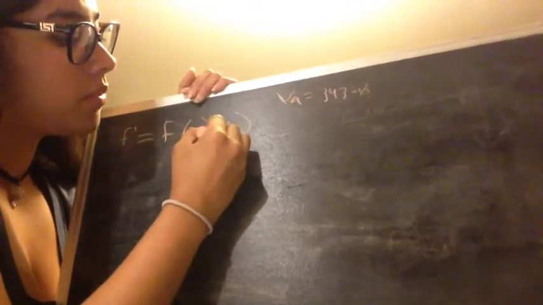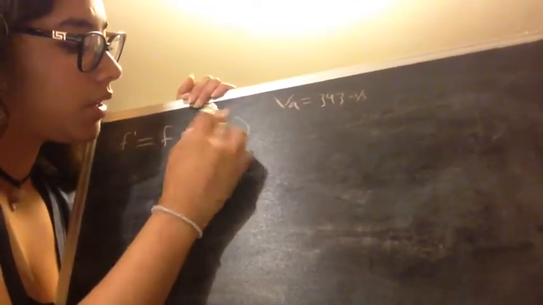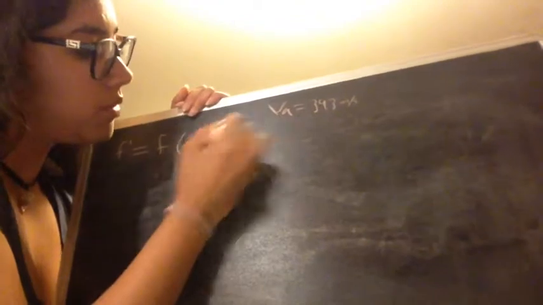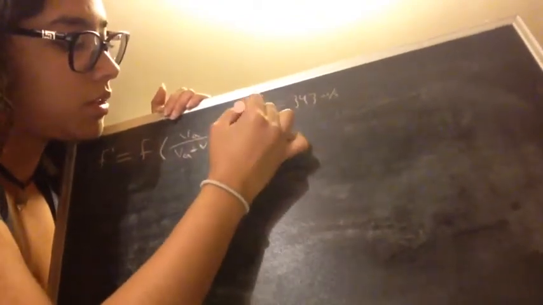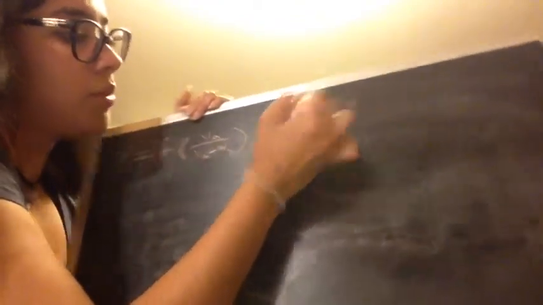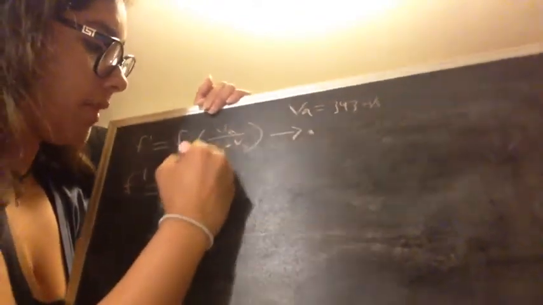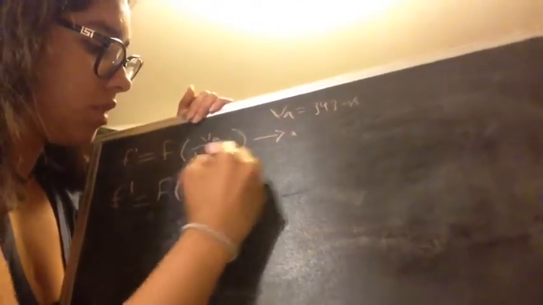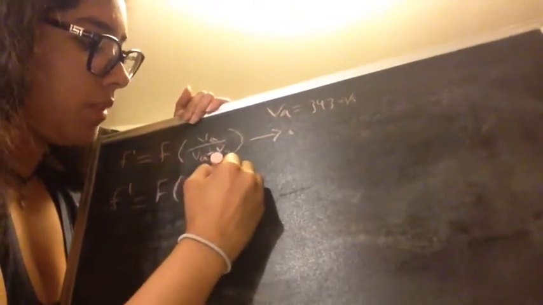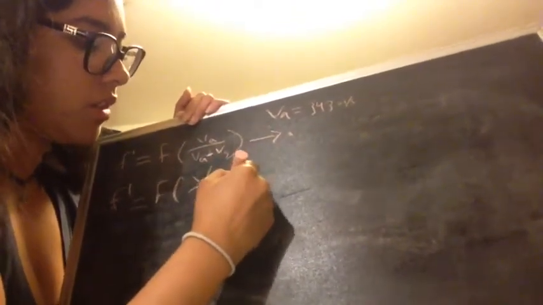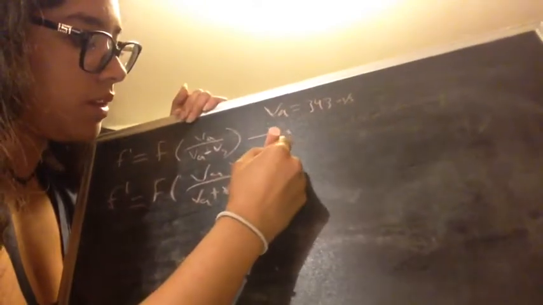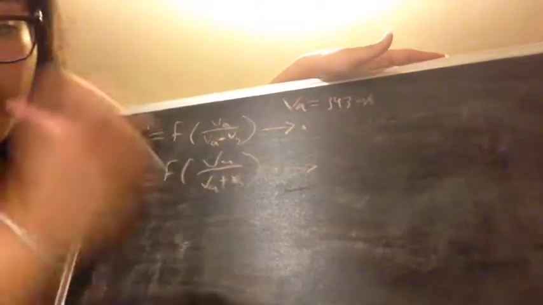So here's plus or minus. I'm going to use the minus when it is approaching you, and we also have this equation, exactly the same, just with a plus sign, for when it's getting away from you.